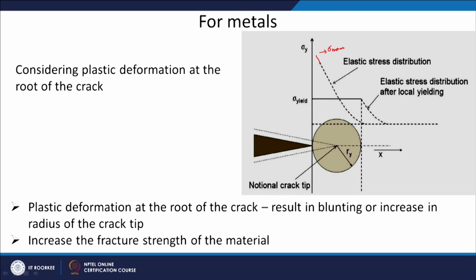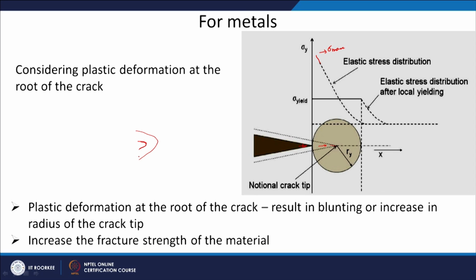Instead of a crack tip like this, the overall notional crack tip can be something like this. So, actually what we have done is increased the radius of curvature. It has blunted the crack tip. Instead of a very sharp crack tip, now you have a more blunt crack tip.